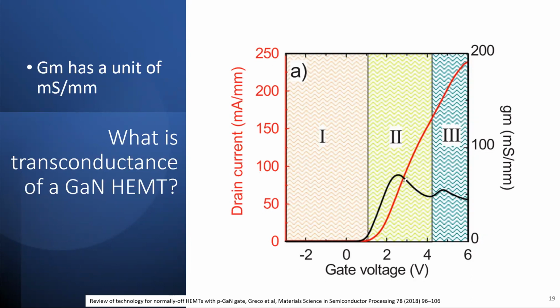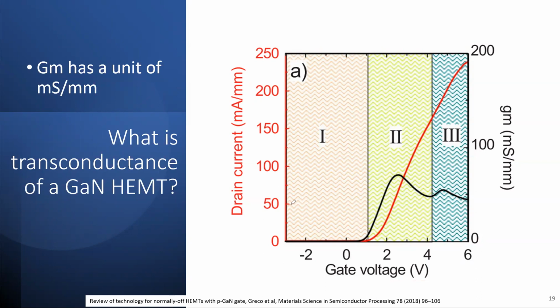You take a derivative of this curve, this is what you get, called transconductance. It's the reverse of resistance. Pretty much it means how sensitive your gate voltage change is in causing the drain current to change. If you change 1 volt, how much will the drain current change?